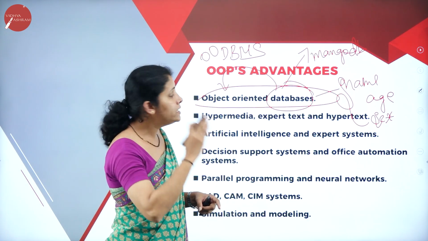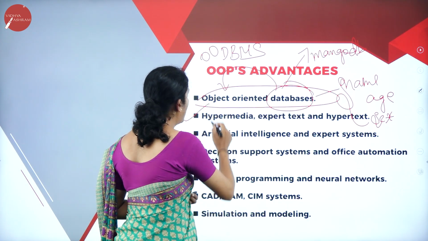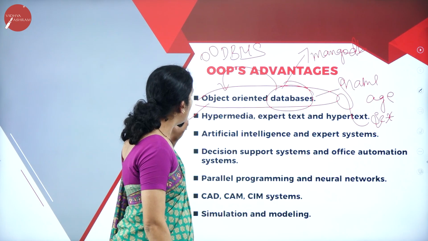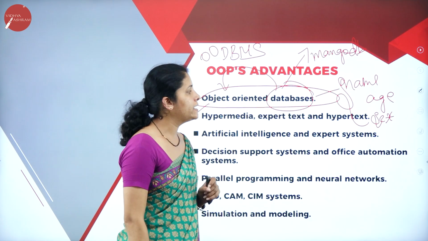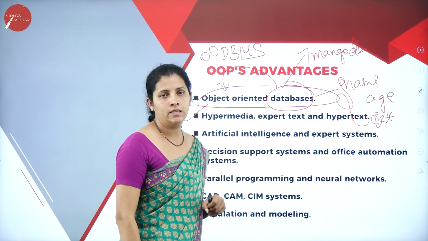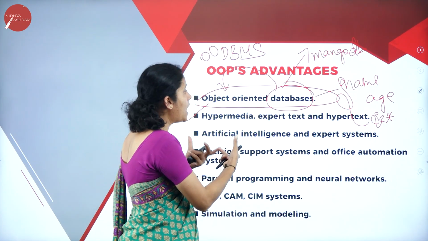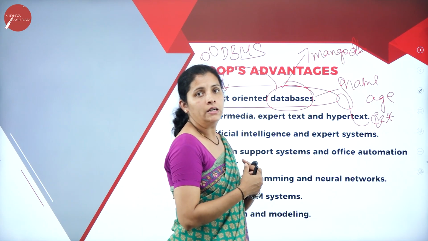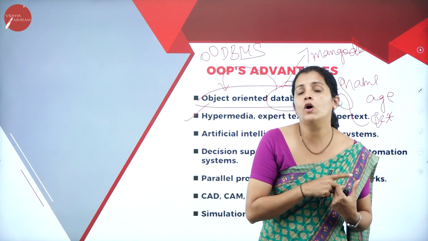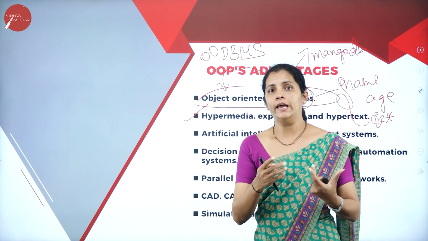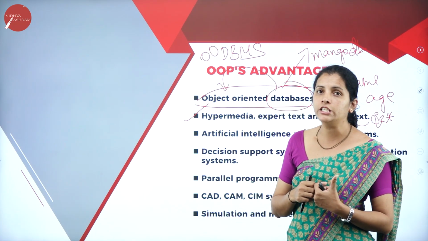Then what is the other advantage I'm going to have? That is hypermedia and hypertext. So what is hypermedia? What is hypertext? Anyway, I hope students, you are all familiar with HTML. So what is HTML?